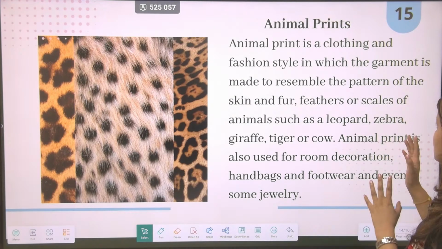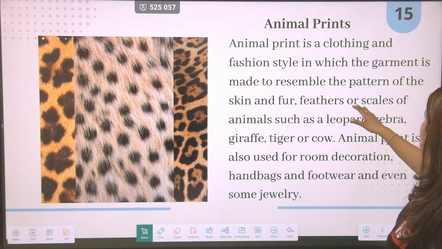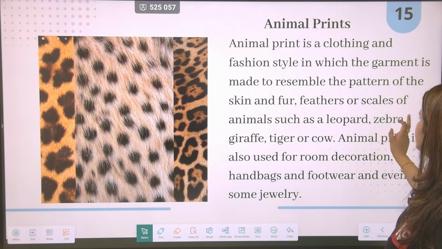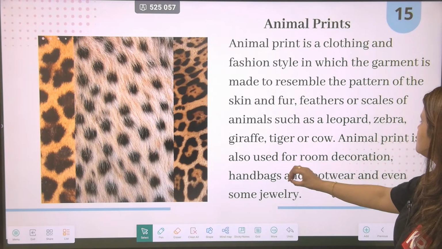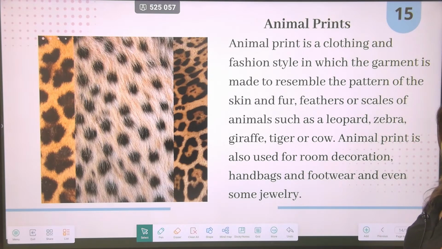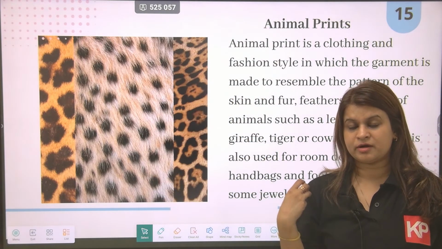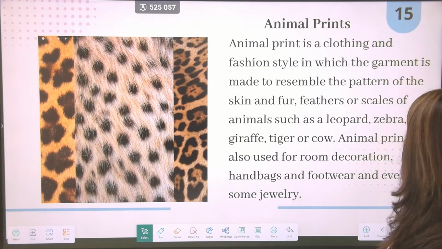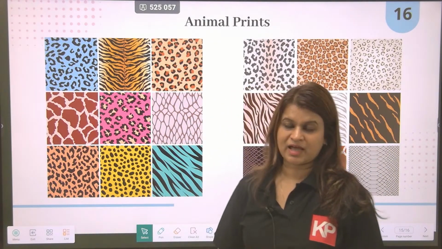Animal prints in clothing and fashion are a style in which the garment is made to resemble the pattern of the skin, fur, feathers or scales of animals such as leopard, zebra, giraffe, tiger, cow. Animal print is also used for room decoration, handbags, footwear, and even some jewelry. Something very common, and in this you can also add skin textures of snakes and reptiles.